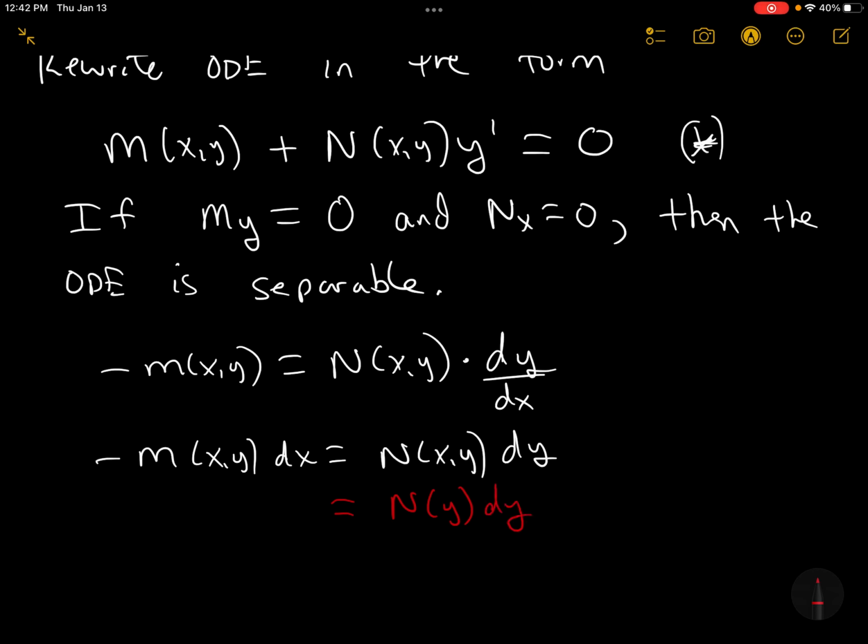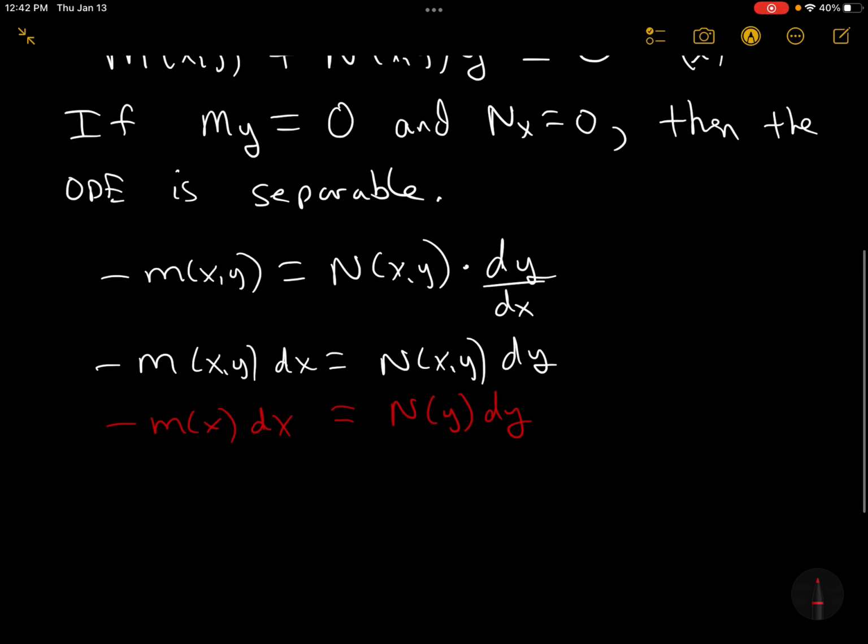There are no x's on the right-hand side. And since the y partial of M is 0 on the left, I only have a function of x. So we've, quote unquote, separated the variables. This is a function of y dy, and this is a function of x dx.